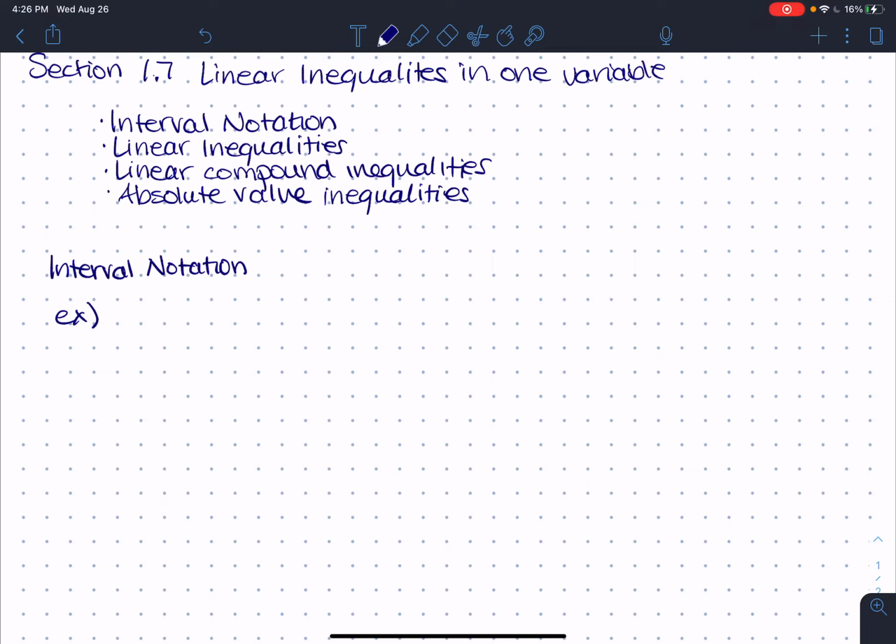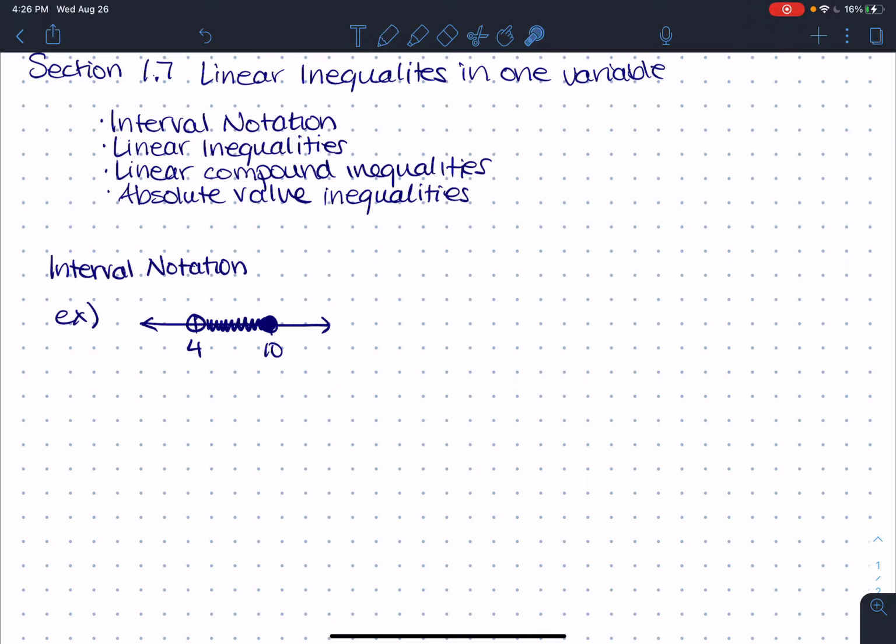If we're doing an interval, one way we've seen them before is on a number line. So let's say that I want the numbers between 4 and 10. And I don't want to include the 4, but I do want to include the 10, and we shade in between. So this is stuff we've seen before. And you've probably seen how to write this as an inequality.